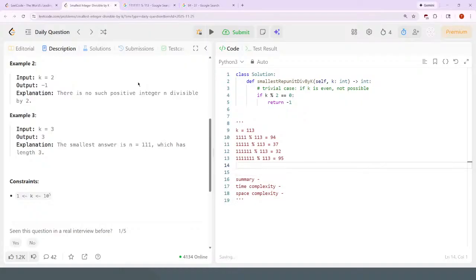If you have a value v mod 113 that gives you an r value, and then you take the next value, that would be 10 times v plus 1 mod 113.